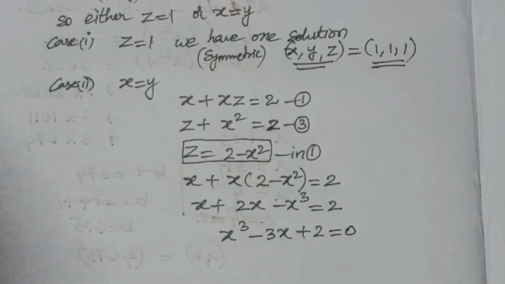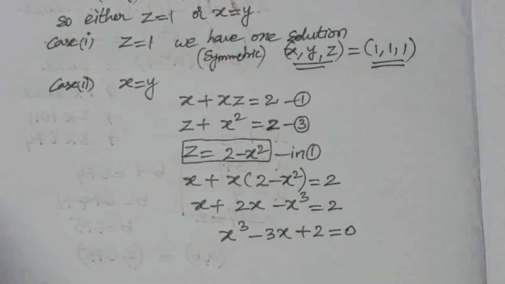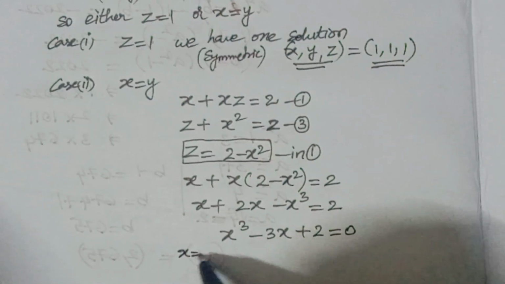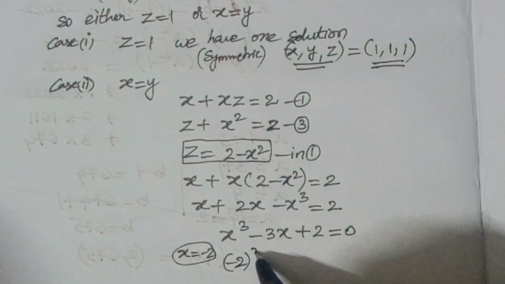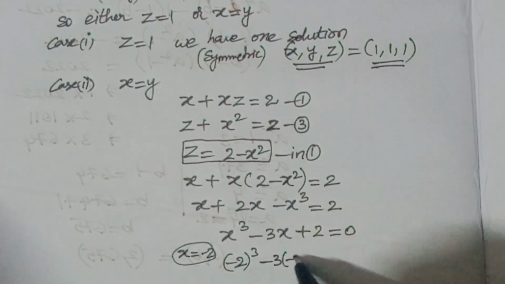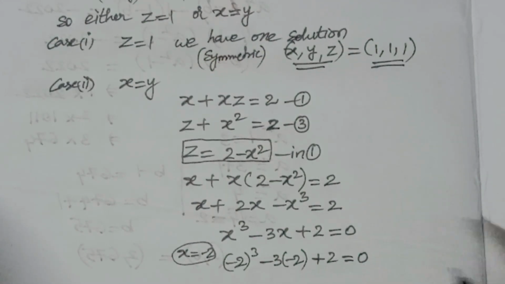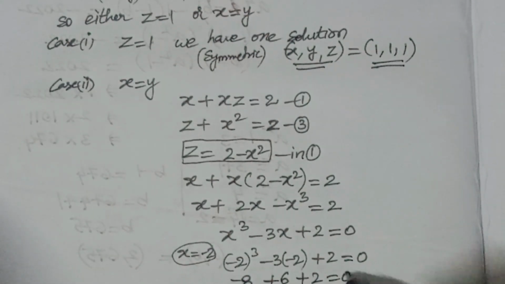Now to find the factors, substitute x equal to minus 2 by trial and error. Minus 2 cube plus 3 into minus 2 plus 2: minus 8 plus 6 plus 2 equal to 0.